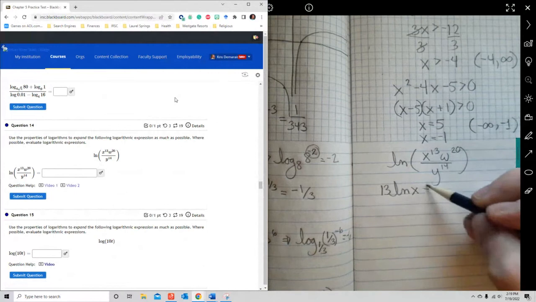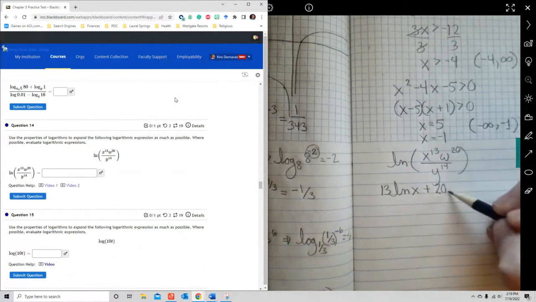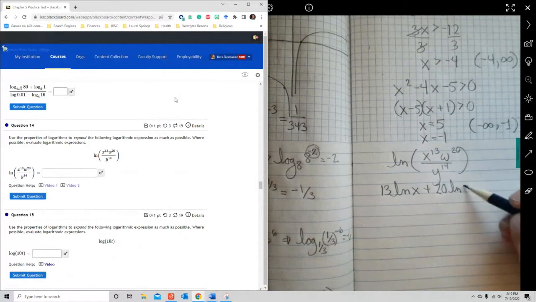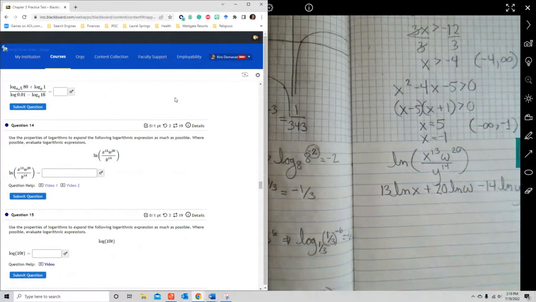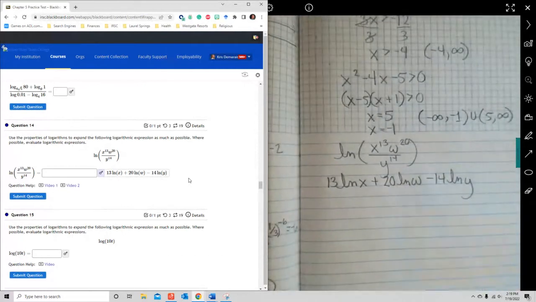So we have that with a plus sign, and then the 20 comes down and becomes ln of w, and then a minus sign, 14 ln of y, and that's our expansion, and we're done. Take note about this y subtraction, just because of course we're dividing. Pretty simple stuff there.